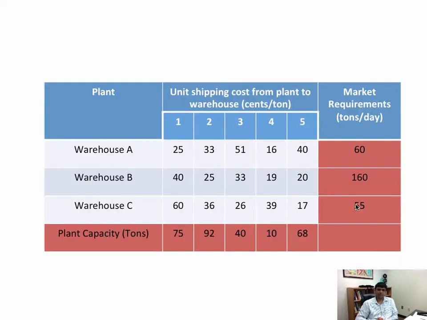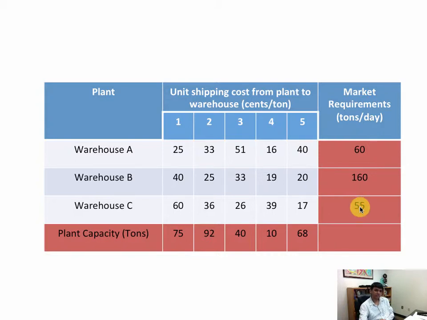Here is the table that is given to us. On the left column, we see the warehouses A, B, and C. On the topmost header row, we are told that these are plants 1, 2, 3, 4, 5, and each cell at the intersection of a row and column gives us the cost per ton in cents for shipping products from plant to that warehouse.